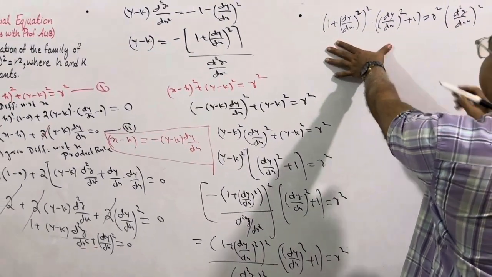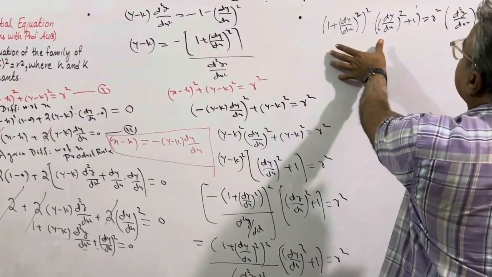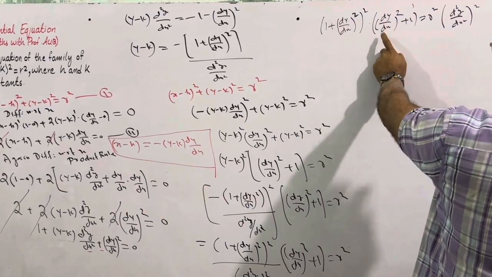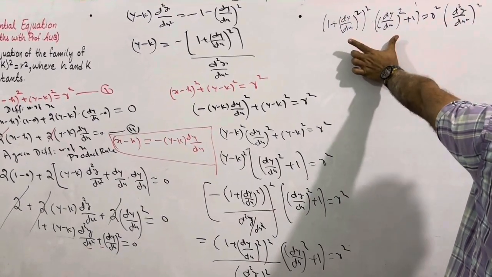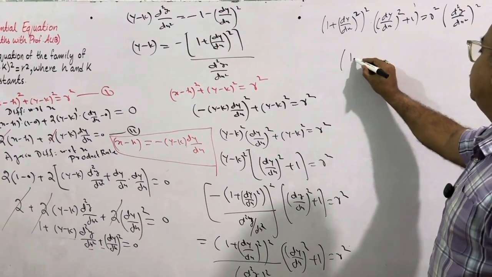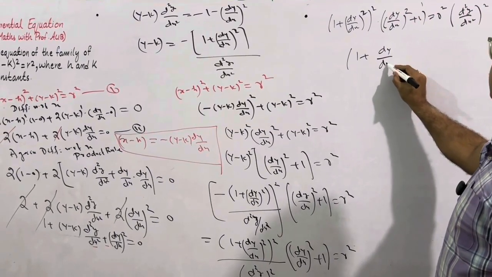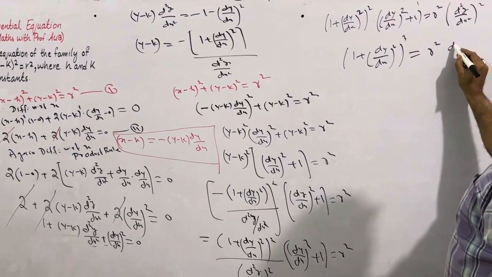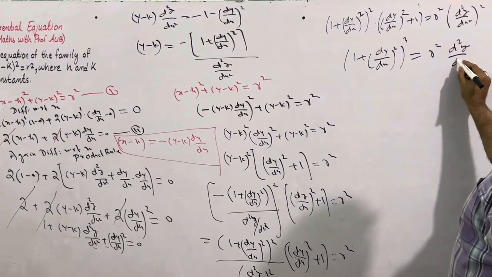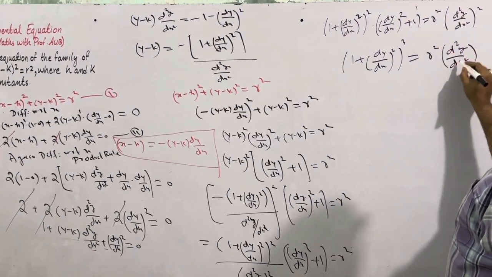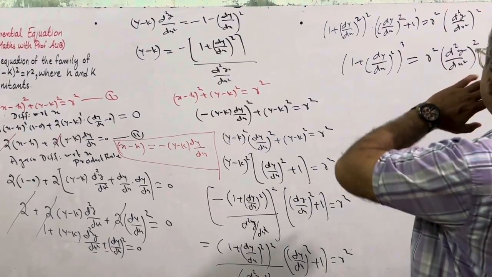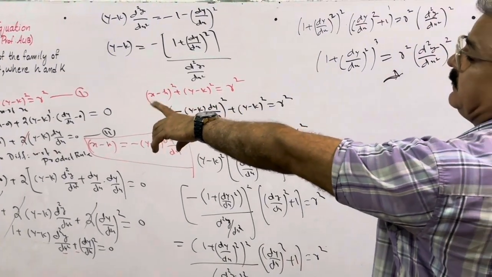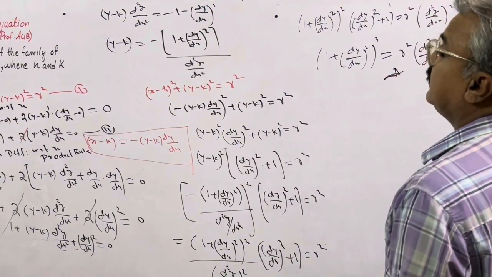These both brackets are identical, they are multiplication, like x square into x cube, 1 plus dy over dx whole square squared times dy upon dx squared plus 1, we can multiply them, it will become 1 plus dy over dx squared whole cube times r squared times double derivative square. It is our required differential equation of this circle, x minus h whole square plus y minus k whole square is equal to r square.